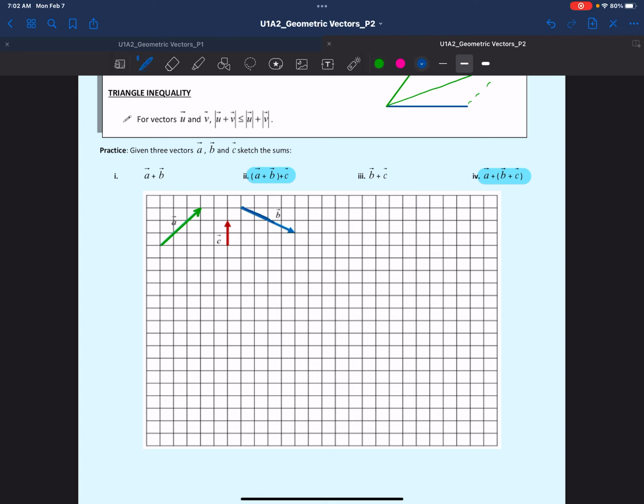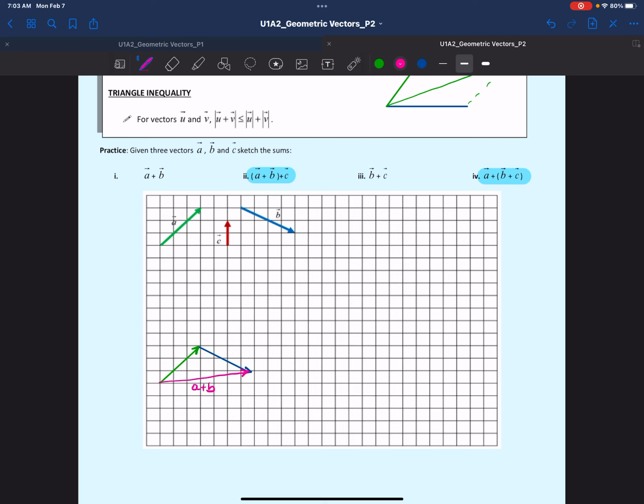So I can easily start off in here by copying these vectors. I'm going to start off with vectors a and b. Here goes vector a, and here goes vector b. I'll place them head to tail, and the sum a plus b would equal, based on the triangle law, this one here. Okay, so this didn't work out very nicely this way. So this would be the sum a plus b.